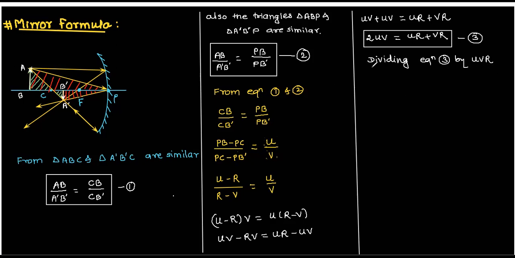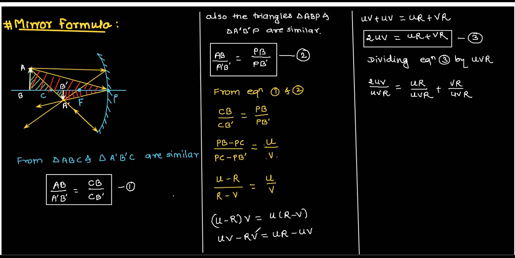So what we are getting, see, 2UV by UVR is equal to UR by UVR plus VR by UVR.